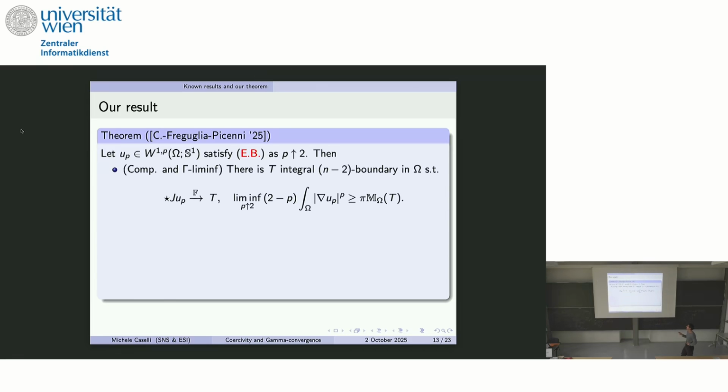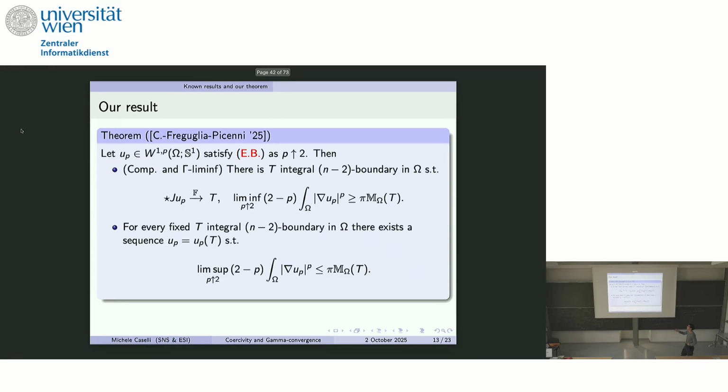First, the compactness and Gamma-liminf: there is an integral n-2 current T such that the Jacobians of u converge to T in the flat topology, and the mass of the flat limit bounds from below the limit of the energy. Then we also have the Gamma-limsup, which is to say that for every fixed current like this, you can find a sequence that saturates the inequality above.